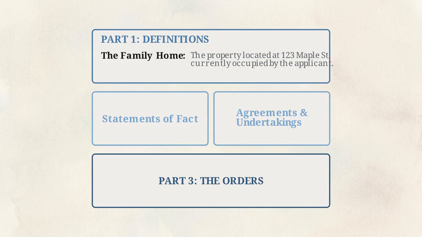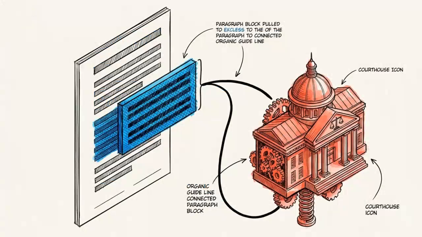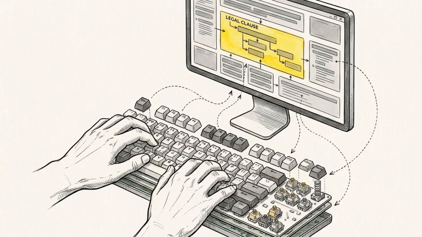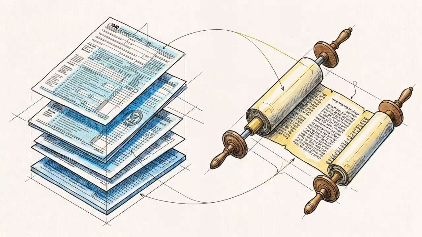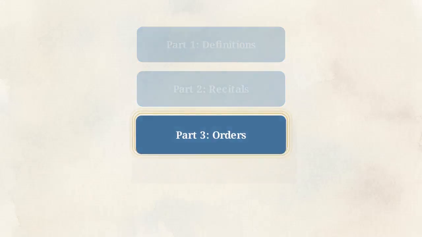This section contains declarations of fact and general agreements between the parties. Within the recitals, you will also find undertakings, solemn promises made directly to the court, not to the other party. These are necessary to cover settlement terms the court lacks the statutory power to order directly, such as promises to mitigate tax liabilities or obtain a religious get. Finally, Part 3 contains the actual orders.